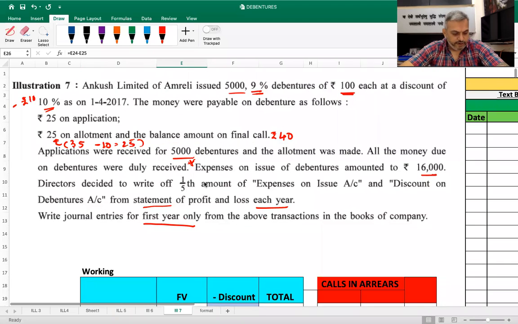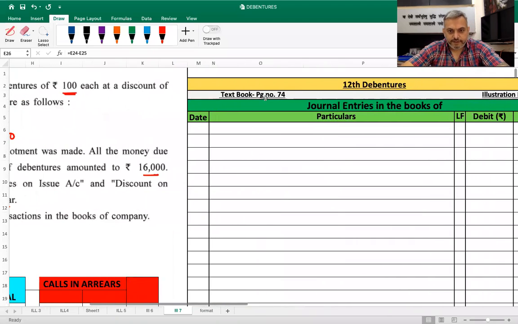Okay. Illustration number 7, page number 77.